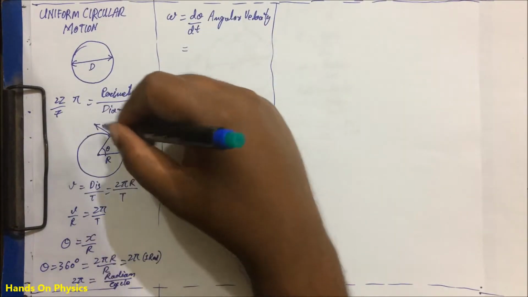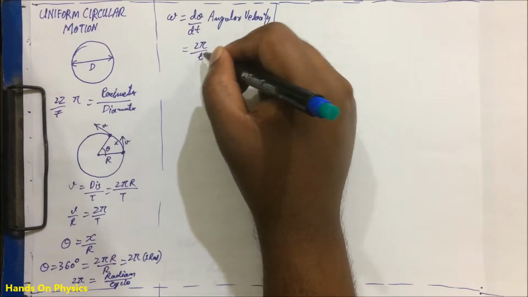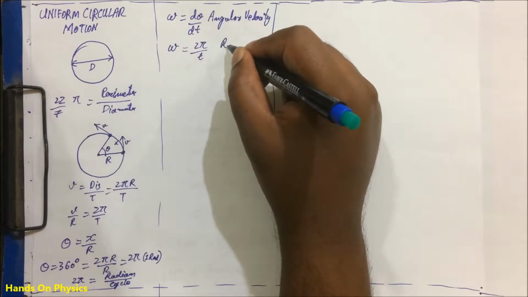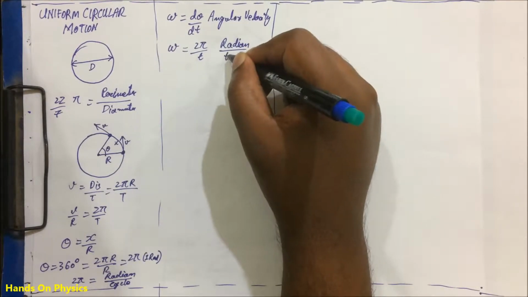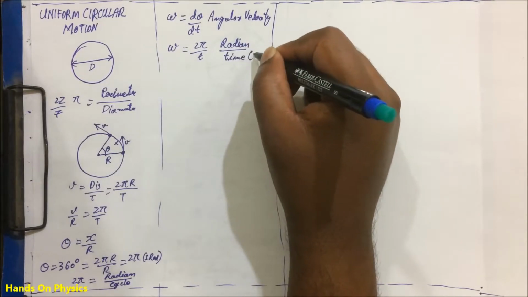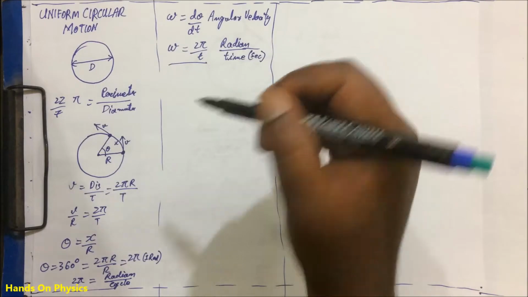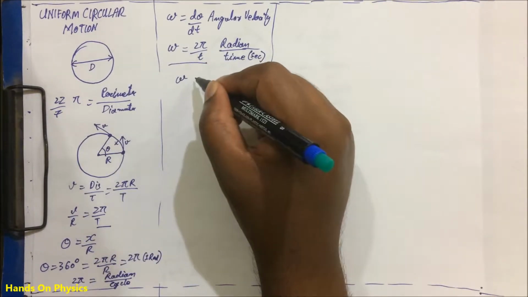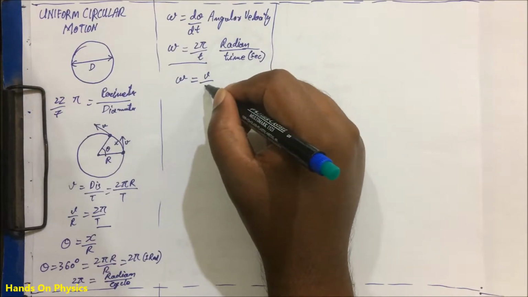So one complete cycle is 2 pi by time, radian per second. So from this equation and this equation, we can say omega is equal to v by r.